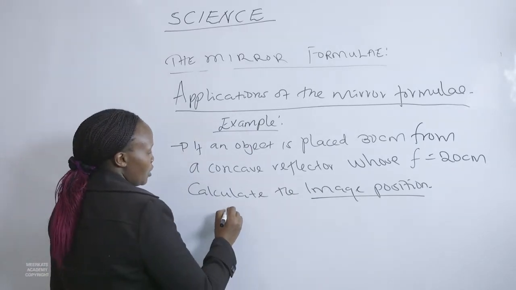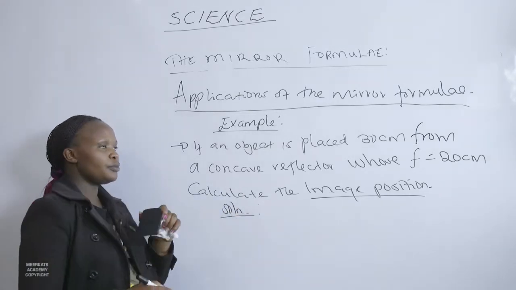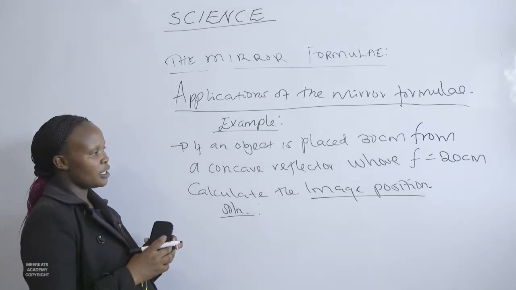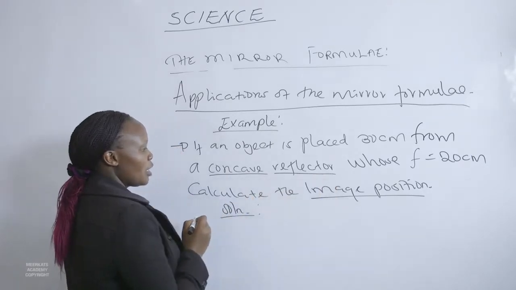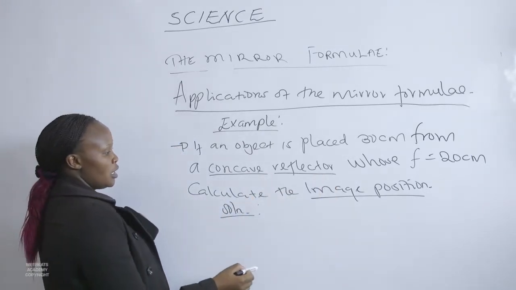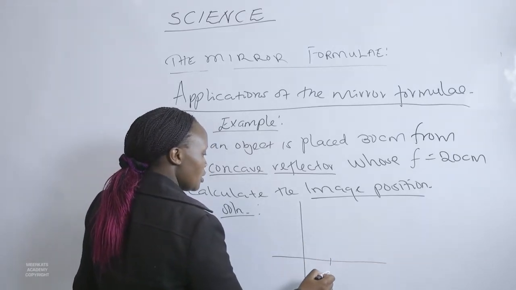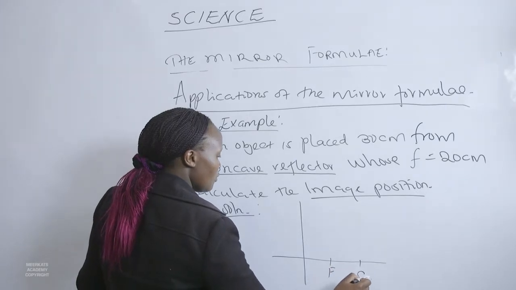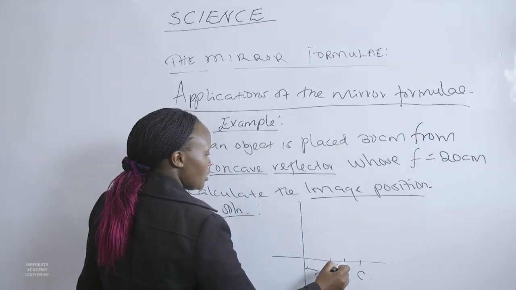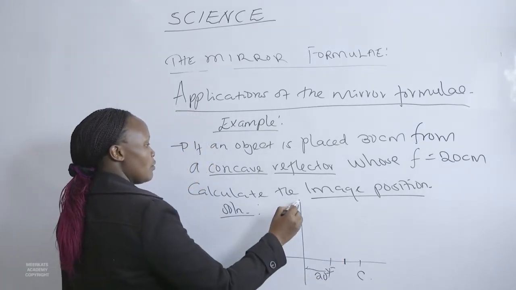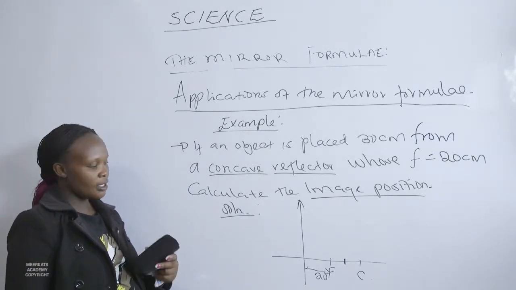Now, in our solution, we ask ourselves, this is a concave reflector, and we have our object placed between F and C, because if this one was to be 20, then 30 is somewhere there. Therefore, the object is actually between F and C.